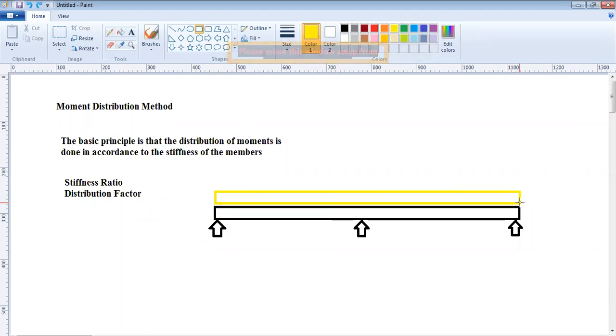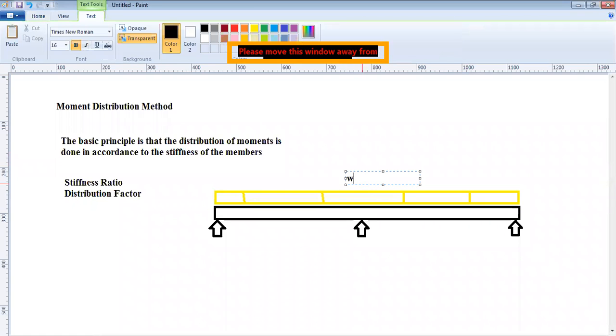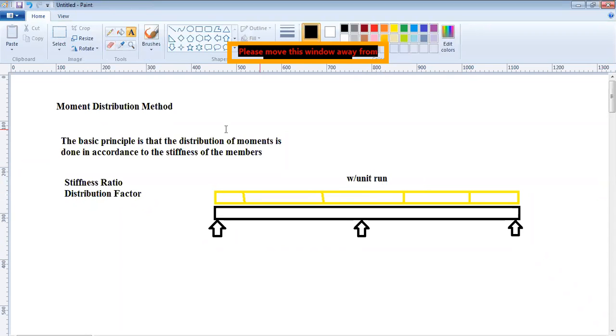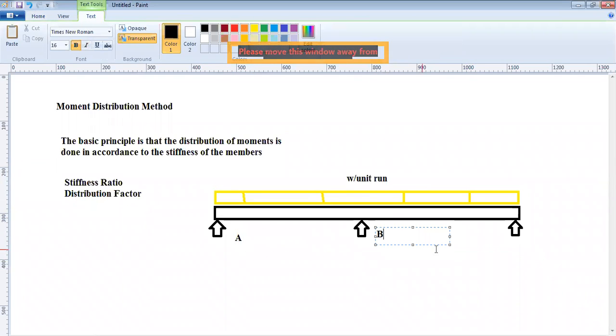It's a continuous UDL load acting on this beam, and this load is, for example, W per unit run. And there are three supports here. This is A support, this is B support, and this is C support.